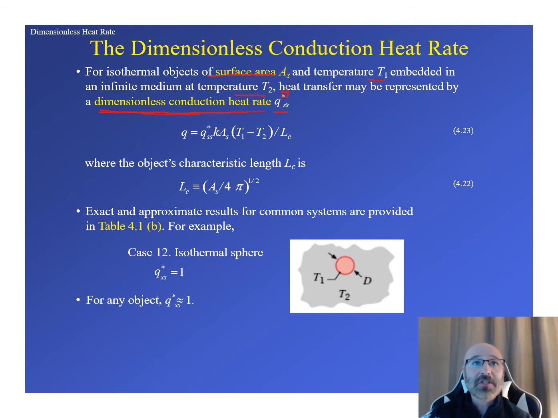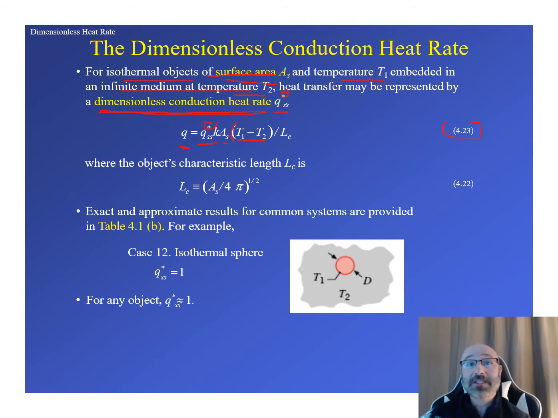This is our dimensionless conduction heat rate, and this relates back to our equation 4.23 in our textbook. So our heat rate q is equal to Q star SS, times our thermal conductivity k, times the surface area A sub S, times that difference in temperature, where T1 is the temperature of the isothermal object, and T2 is the temperature of the infinite medium.